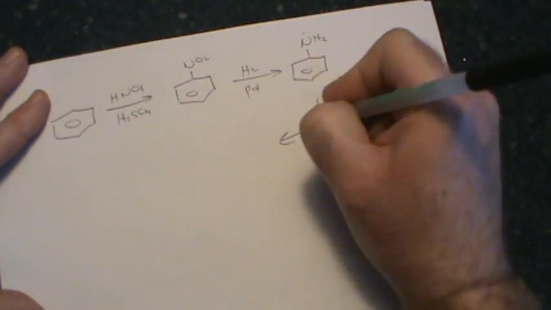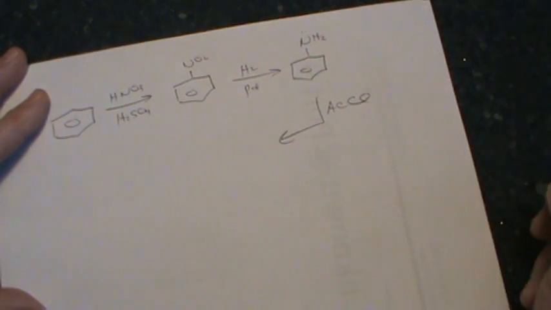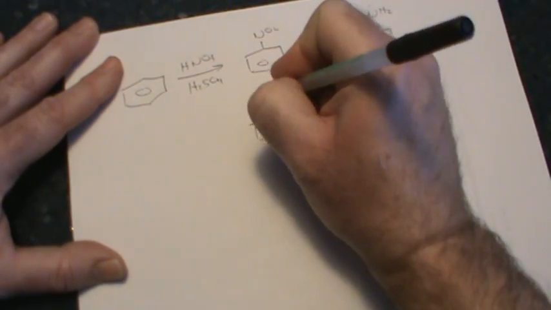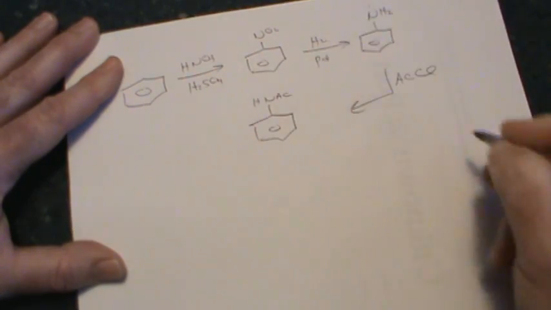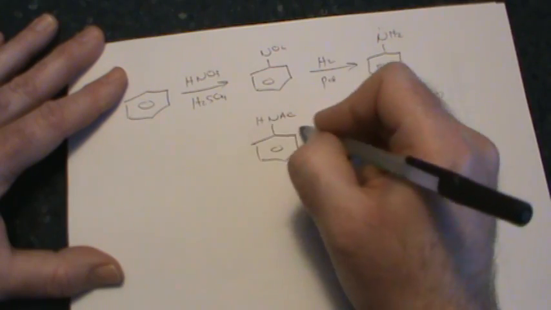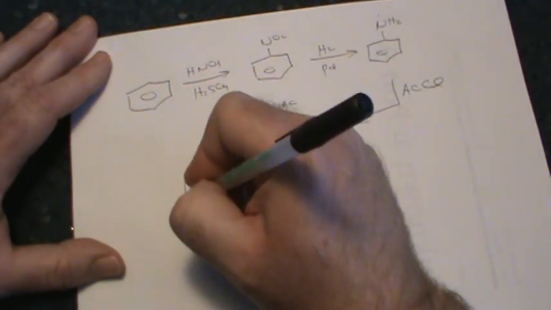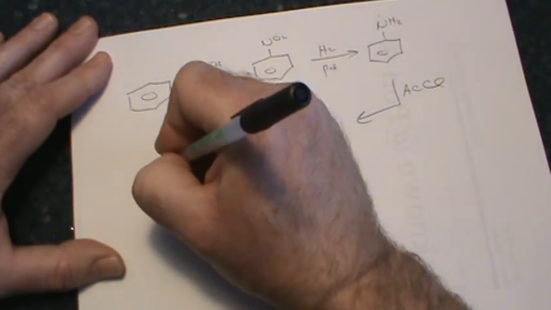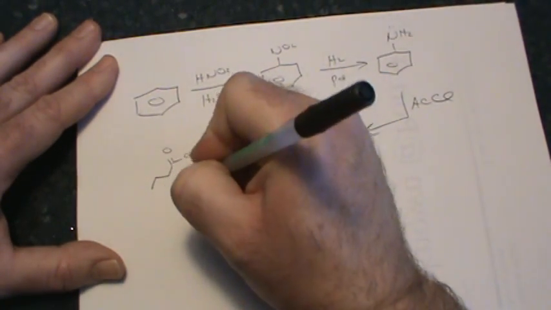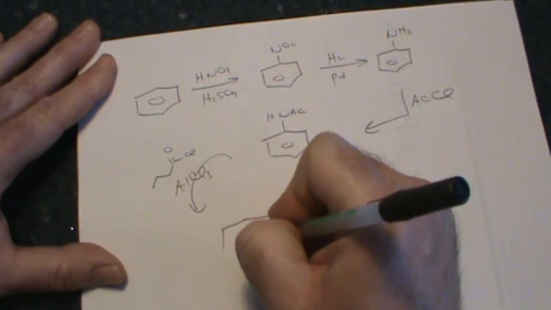So what I need to do instead is to treat it with acetyl chloride, which gives me the acetylated nitrogen, the amide, which is now large enough to block the ortho positions. Now I run a 4 carbon Friedel-Crafts acylation.